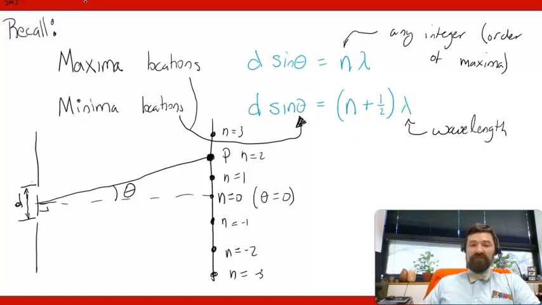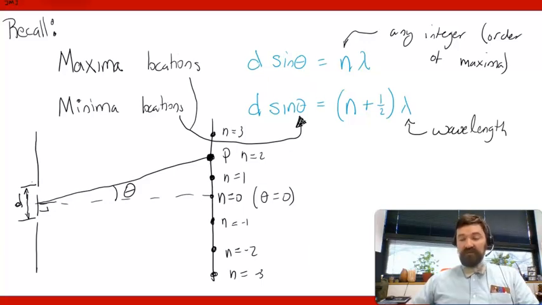And you'll recall that we figured out all this by making arguments from phase differences between light that traveled from the top slit to a given location and from the bottom slit to a given location. The basic rule was that if the difference in phase was equal to an integer number times 2 pi, then the two should be in phase with each other, and thus we should get a local maximum.